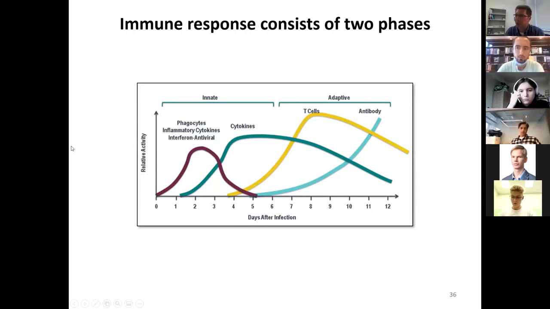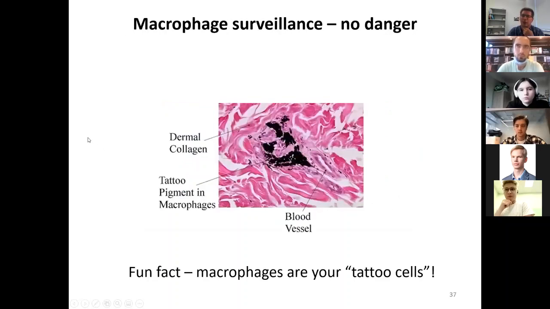You might know the expression that when you get a cold, if you take a medicine, you'll be sick for 7 days, but if you don't take it, you'll be sick for a week. The timeline comes from the fact that it is about day 7 when this major T cell immunity kicks in, which is very specific and very strong.